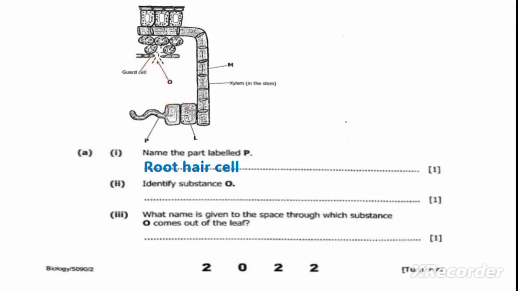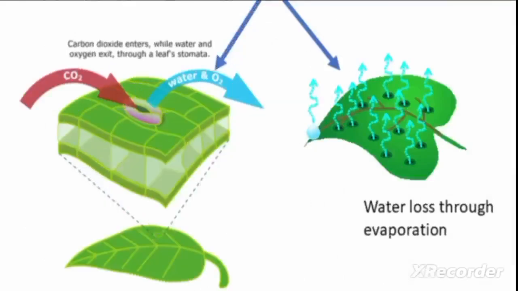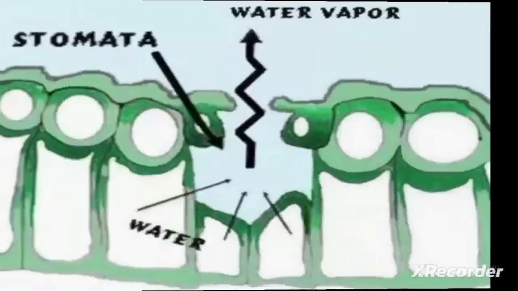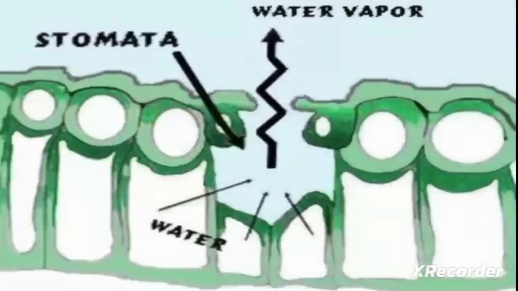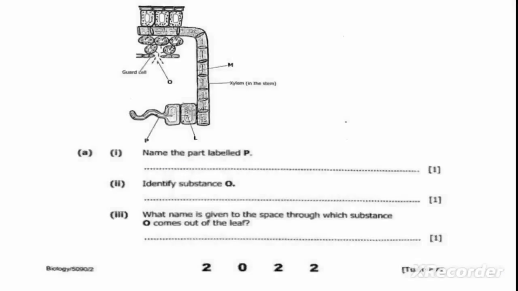So the substance that is coming out of the stomata, since the question is talking about water, is the water vapor. So substance O is water vapor. Water vapor is lost through stomata. Okay, so we are going to say water vapor.